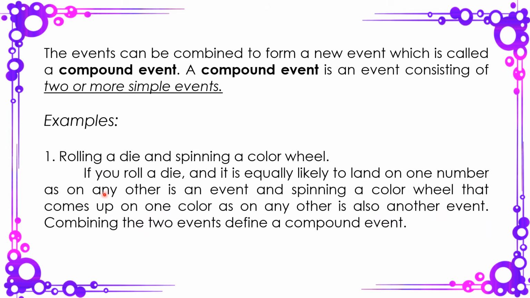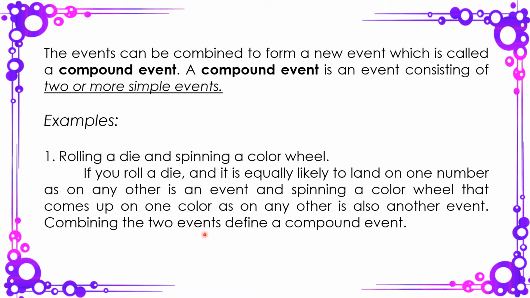So here is another explanation. If you roll a die and it is equally likely to land on one number as on any other, that is an event, and spinning a color wheel that comes up on one color as on any other is also another event.